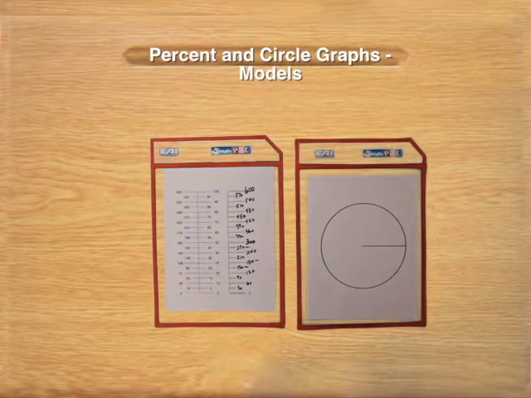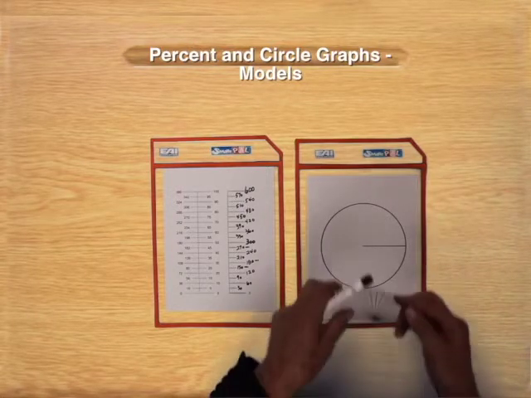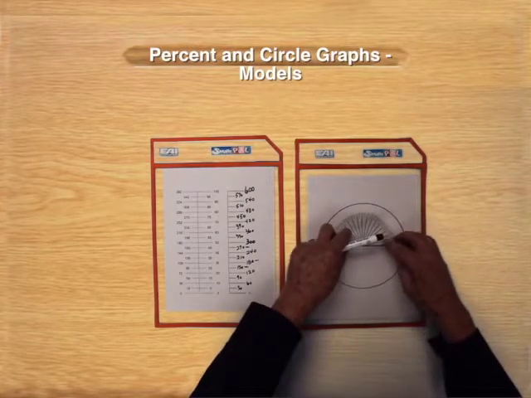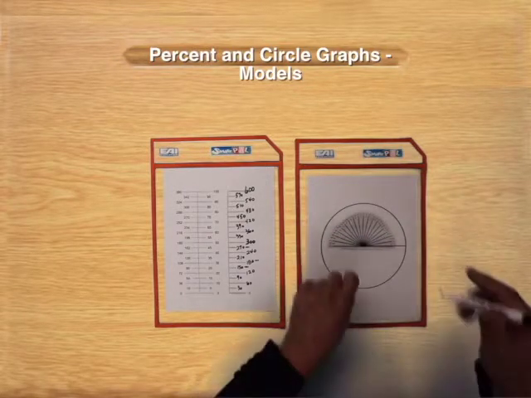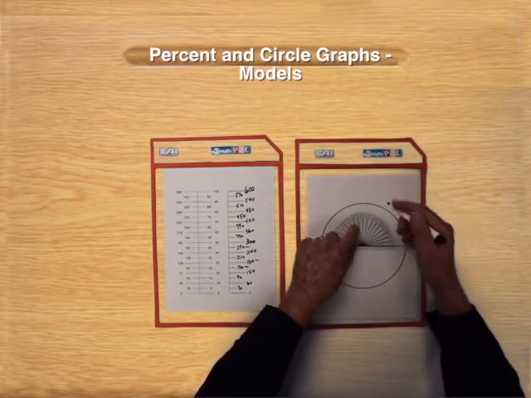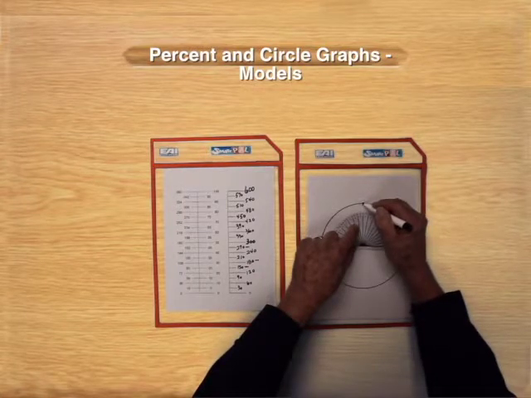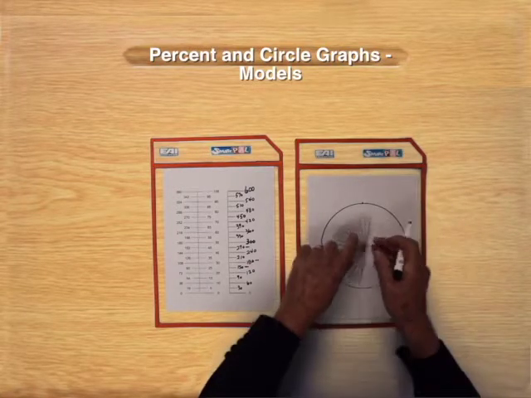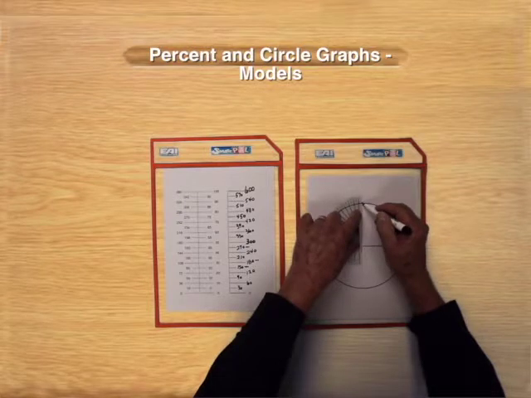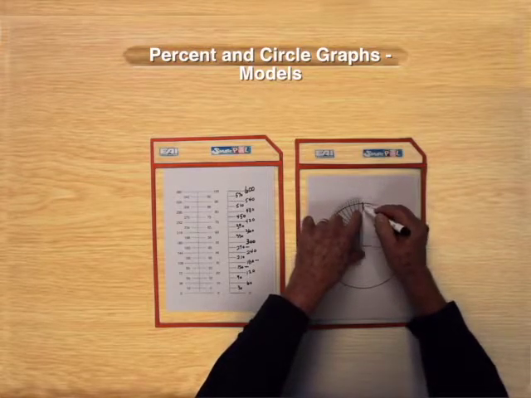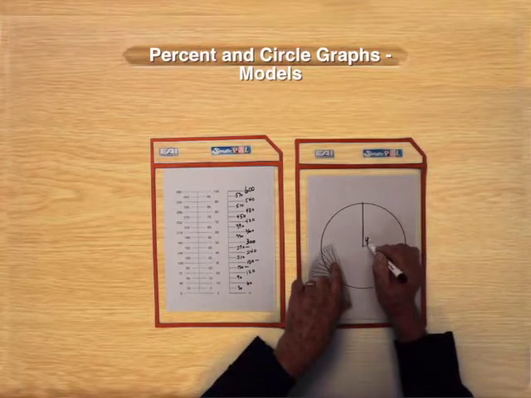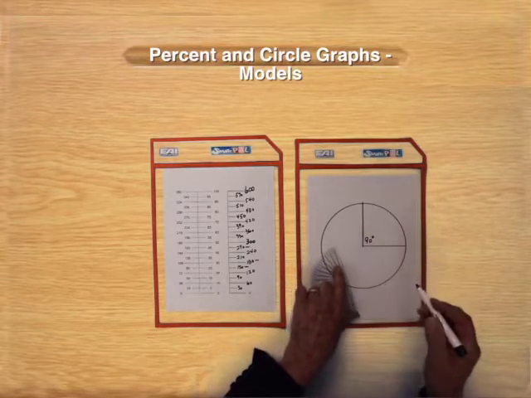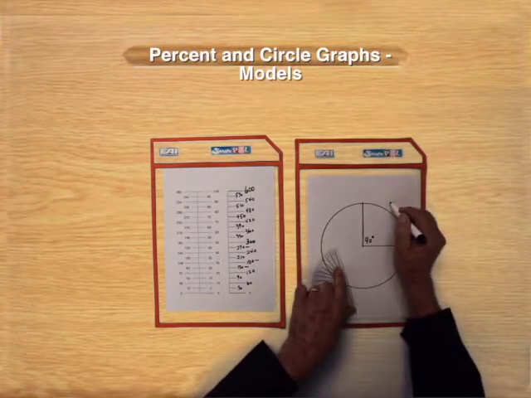So what we're going to do is take our protractor and draw an angle of 90 degrees. So this is 90 degrees, and it's going to be $150.